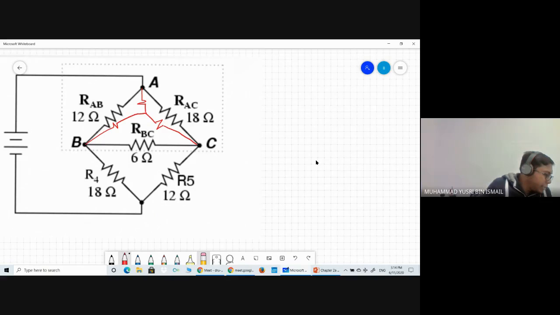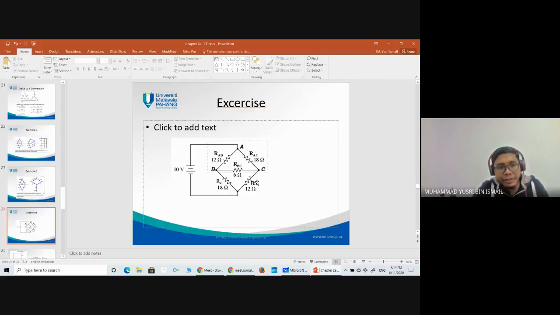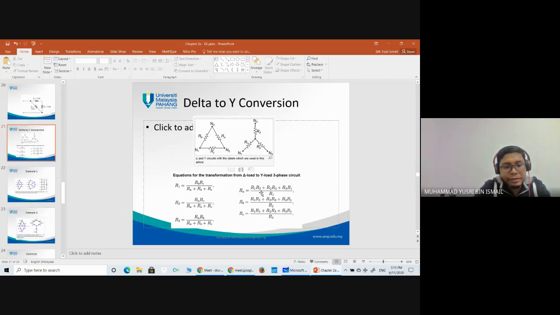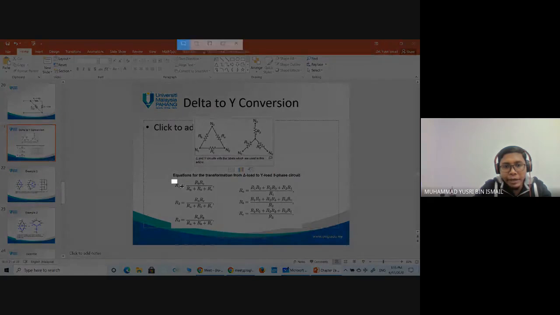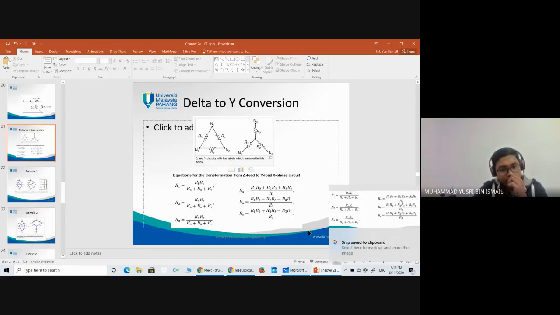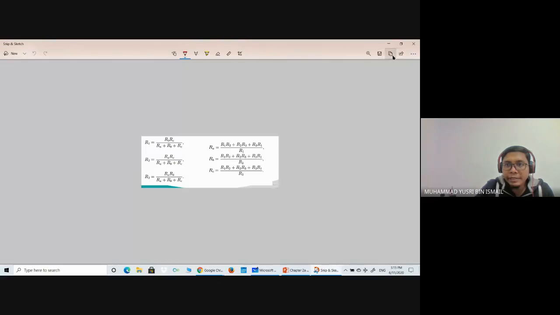This one I will put as RA, then RB and RC. So using the formula that I already mentioned previously, you can determine the value of the represented resistance.